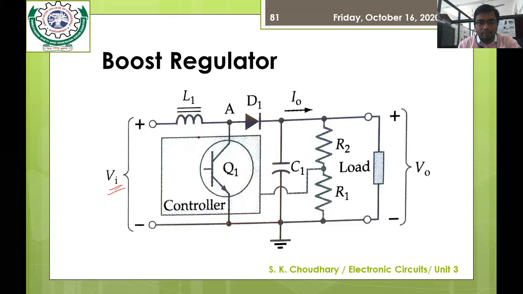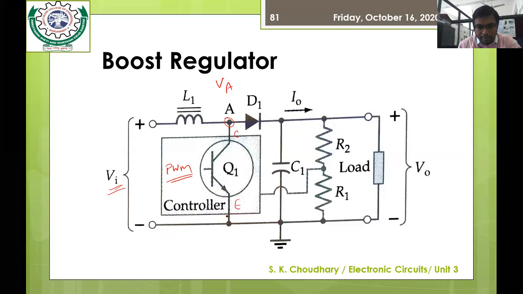You can say the inductor, and the collector terminal is connected here. It is given as terminal A, where we have to calculate the voltage VA. The base is nothing but a PWM output coming from the controller circuitry. All of you are aware of that from the block diagram and circuit diagram of the SMPS.